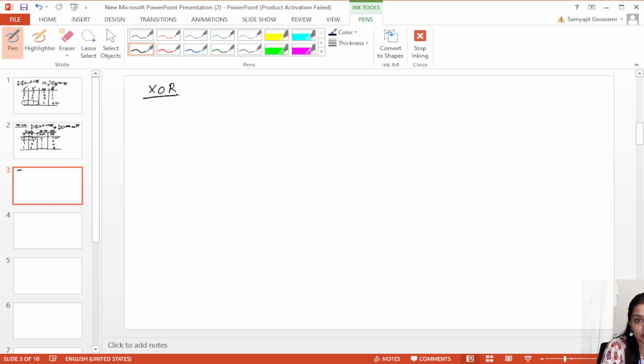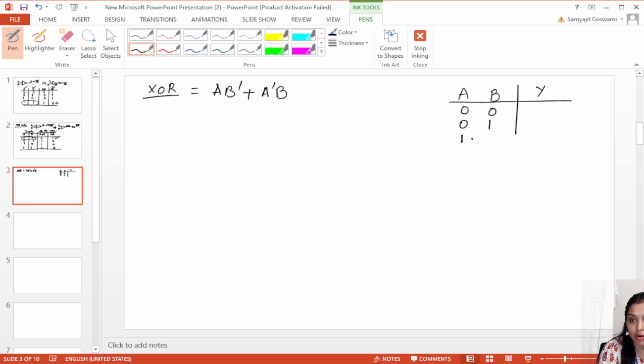The XOR gate we represent as A B bar plus A bar B. Here it already shows the output Y for 0 0, 0 1, 1 0, 1 1. It shows that only for 0 1 and 1 0, these two combinations, the output will come 1. So just check in this way.